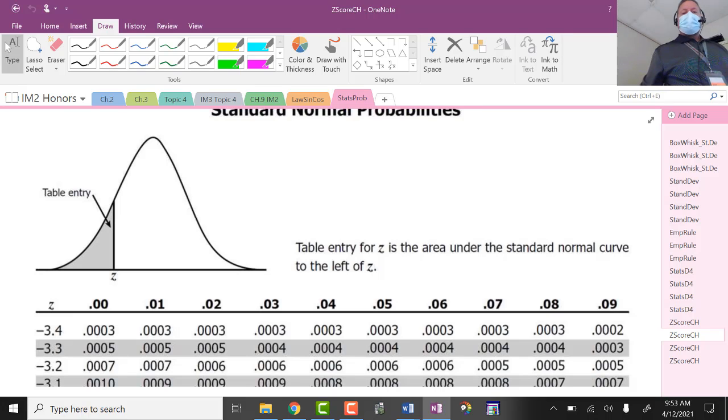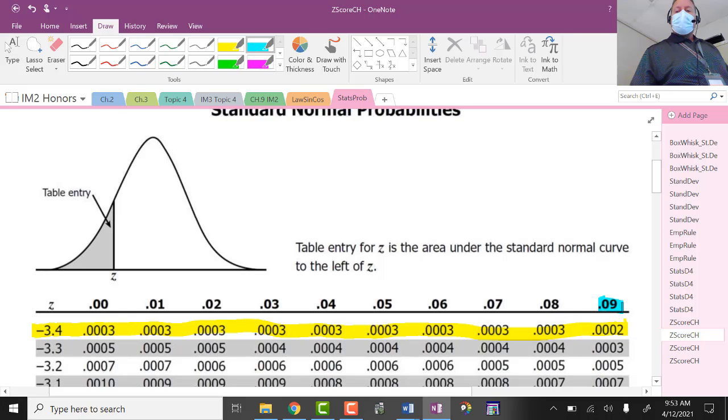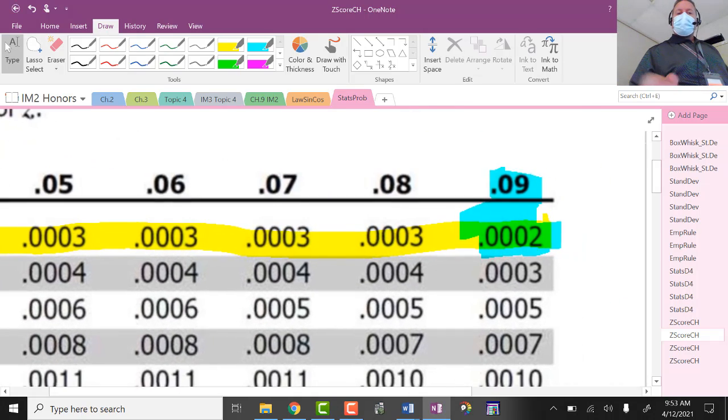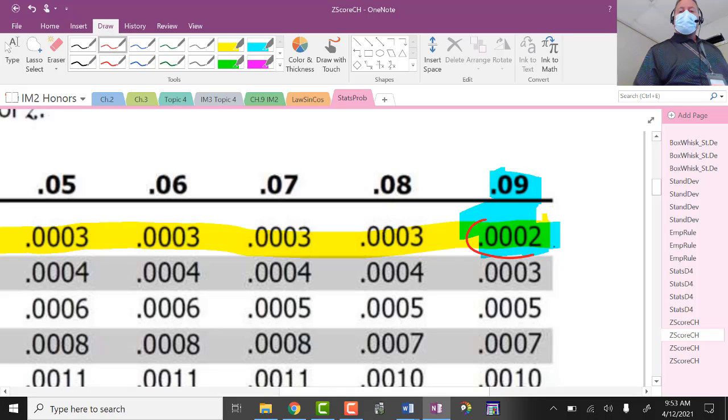So the very first thing I wrote on the notes was, as the z-score equals -3.49, that number right there is the area left of negative 3.49 as a z-score. So let's make sense of what that actually means.